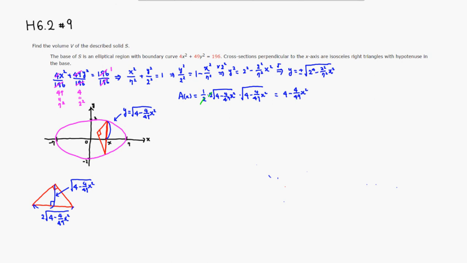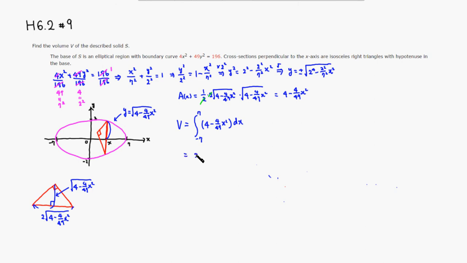Alright, so to find the volume, all you have to do is integrate this guy. It goes from -7 to +7, and you have 4 minus 4 over 49 x squared dx. Since this is an even function, we can do half the interval and then multiply by 2.